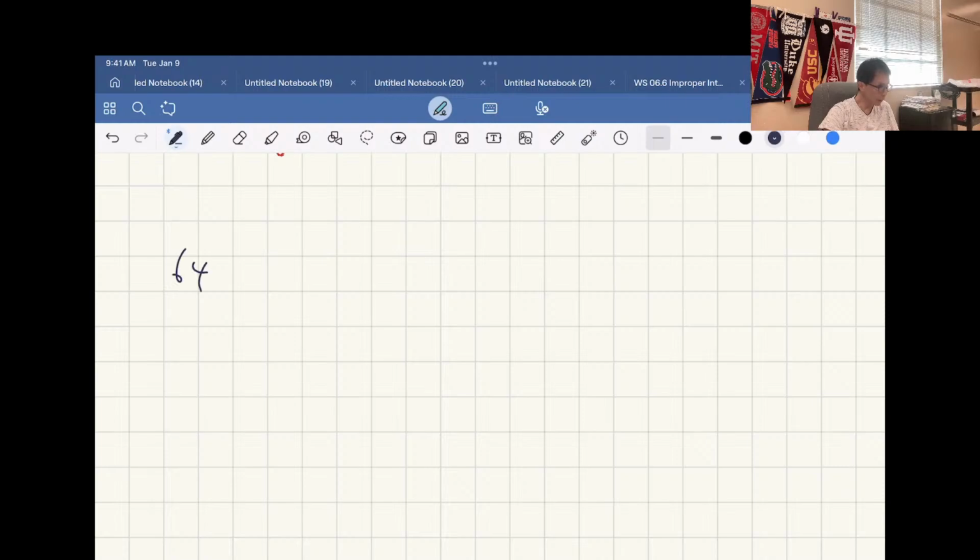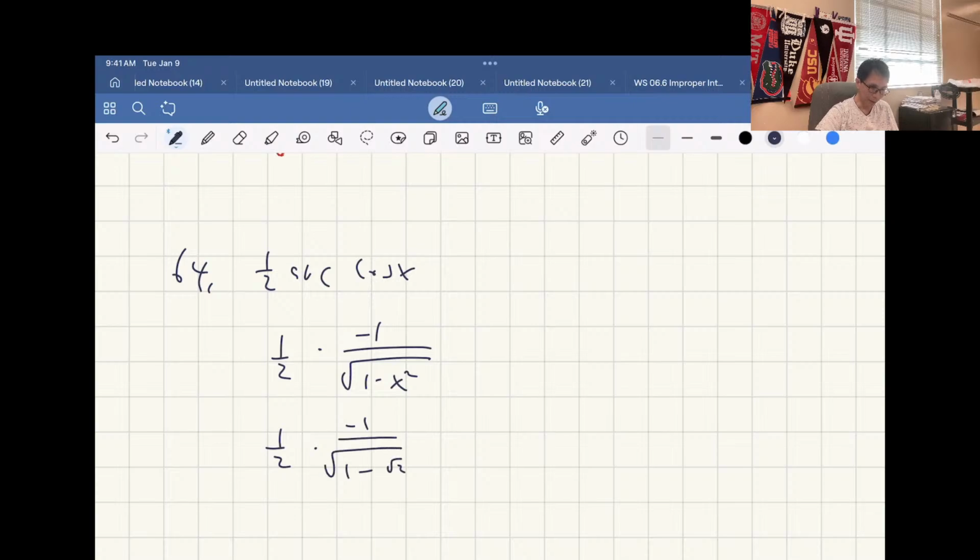64 is gonna be 1/2 arc cosine of x, so it's 1/2 times -1 over square root of 1 minus x squared, and you're gonna plug in negative square root 2 over 2. So this is just simplification. 1 minus square root 2 over 2 squared. I think that's gonna be 1 over 4. Is that right? No, 1/2. Yeah, one half. So 1/2 times 1 minus 1/2.